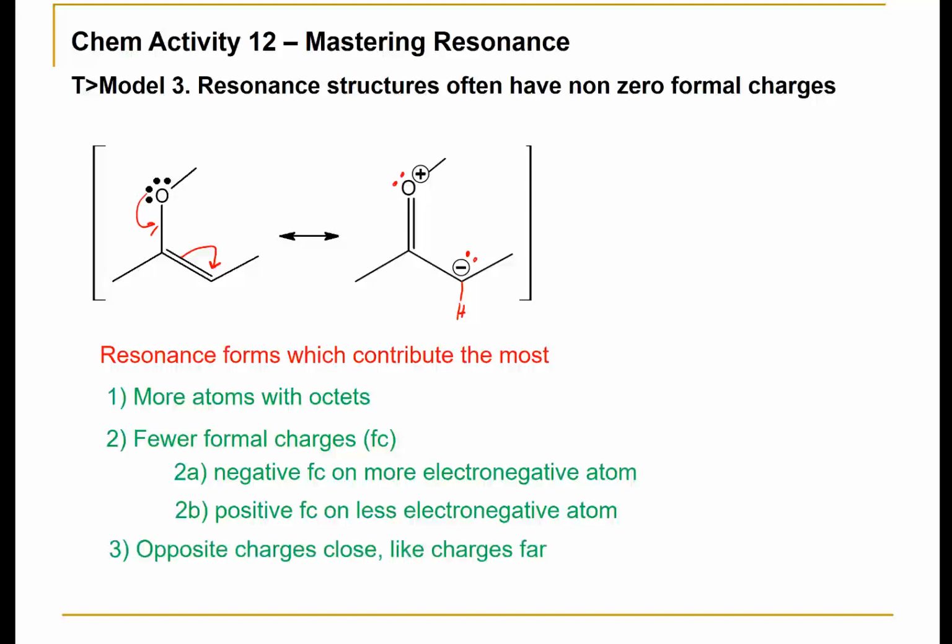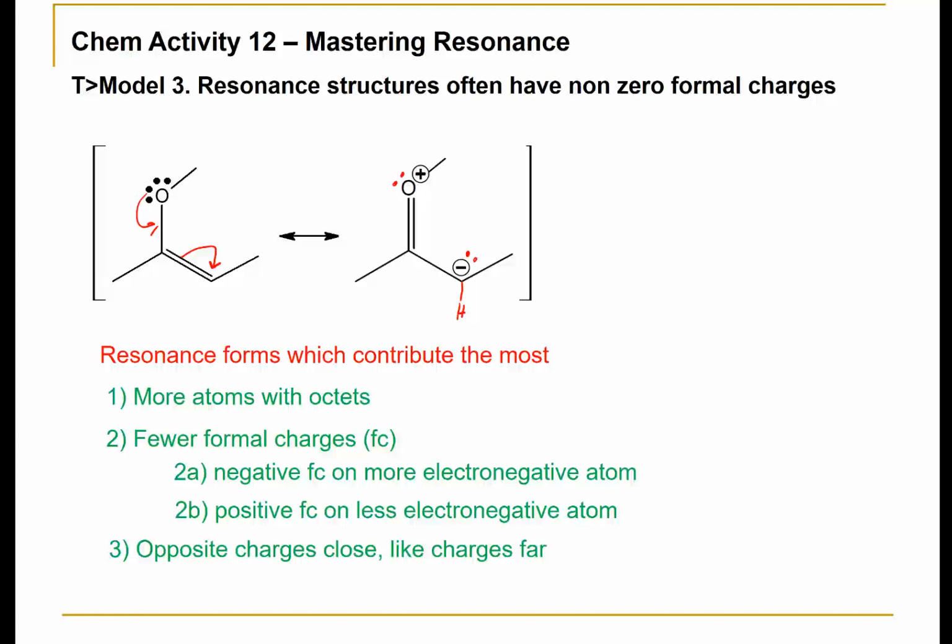And finally, if you are going to have formal charges, it is better for opposite charges to be somewhat close and like charges to be further away. Also consider that this list is hierarchical. So the most important thing is to have more atoms with octets and then indeed start to look at formal charges.